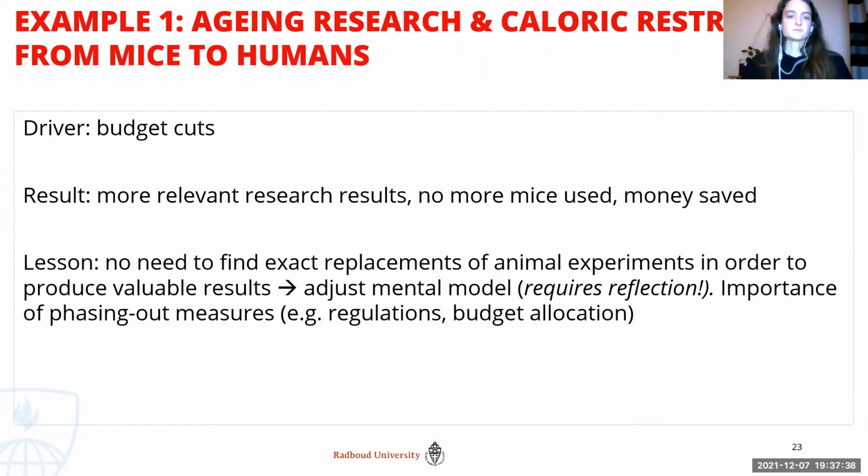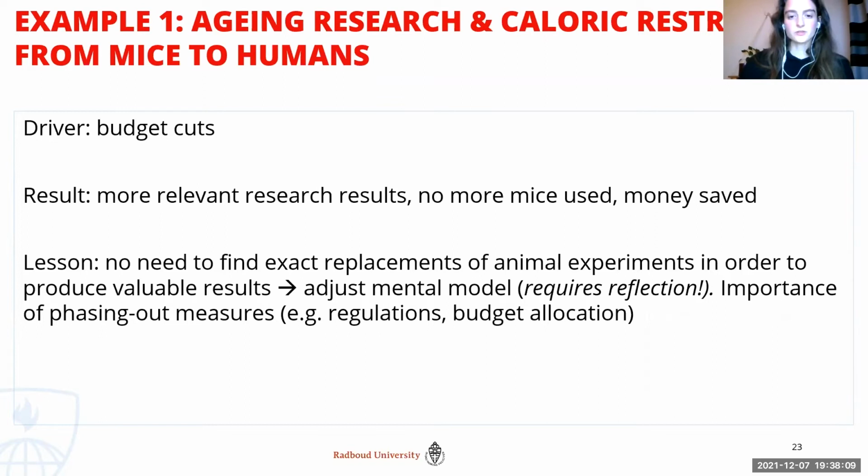So they learned this lesson through a budget cut and not through a change in mental models. But if you reflect on that lesson, then it could lead to an adjustment of mental models, but that does require reflection. And I also saw that there was this reflection within this institute, and they were quite proud also to tell me that they switched to testing using human-based research and not animal research.